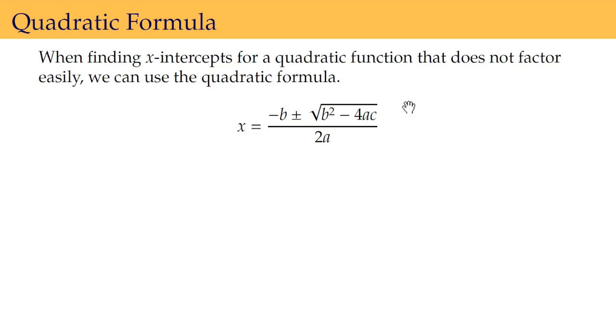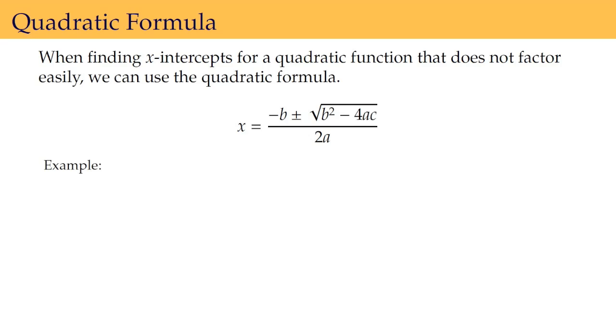This is sort of prerequisite knowledge, but a quick review. In order to use the quadratic formula, your function needs to be in standard form of y equals ax squared plus bx plus c. Actually, you're setting that equal to 0, so what you have is ax squared plus bx plus c equals 0. That's where the a, b, and c come from.